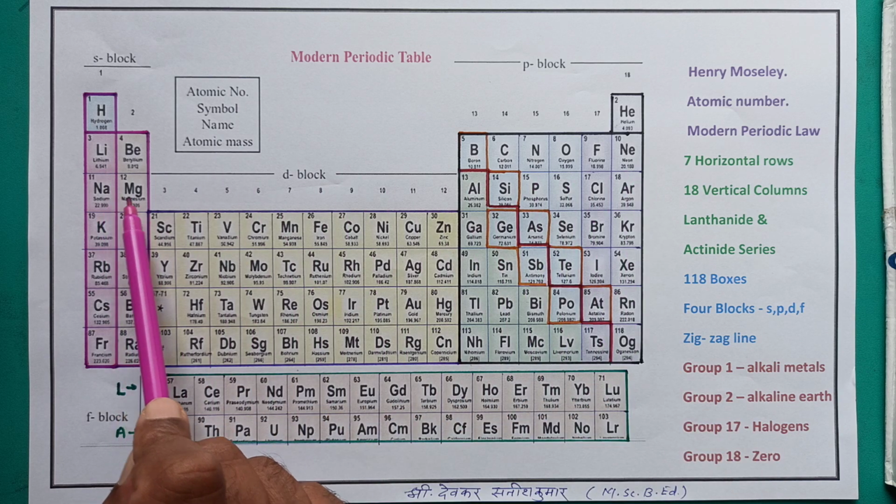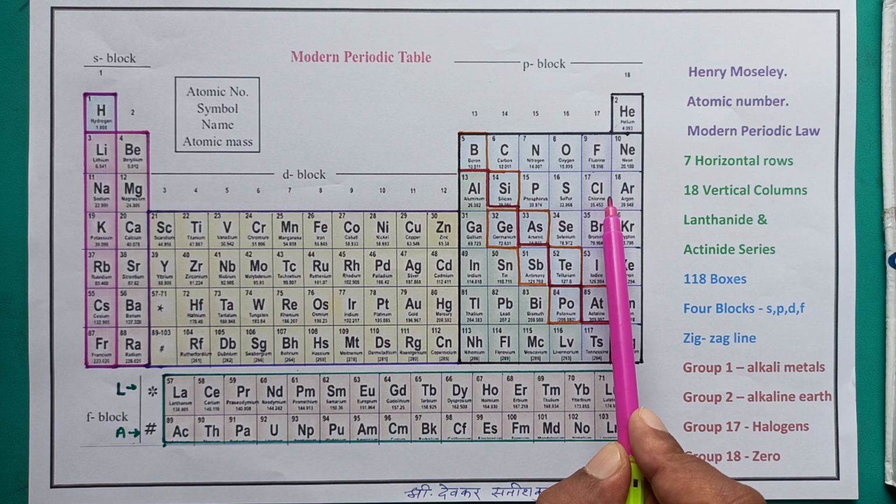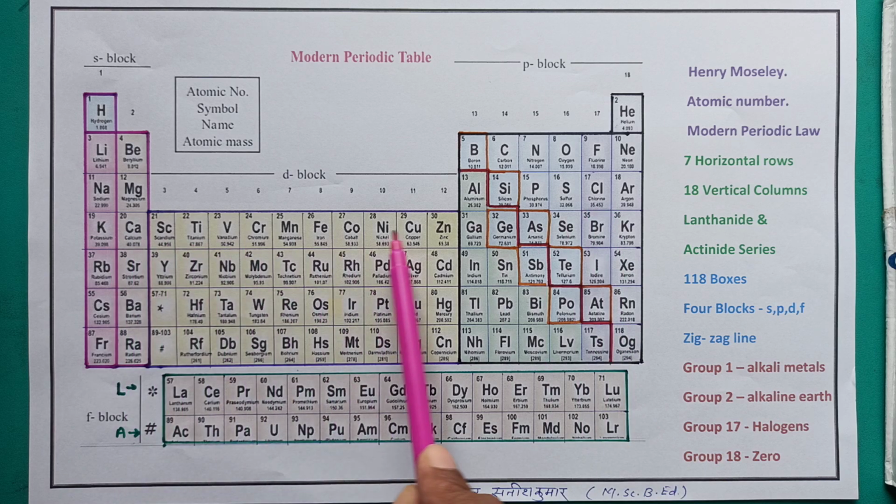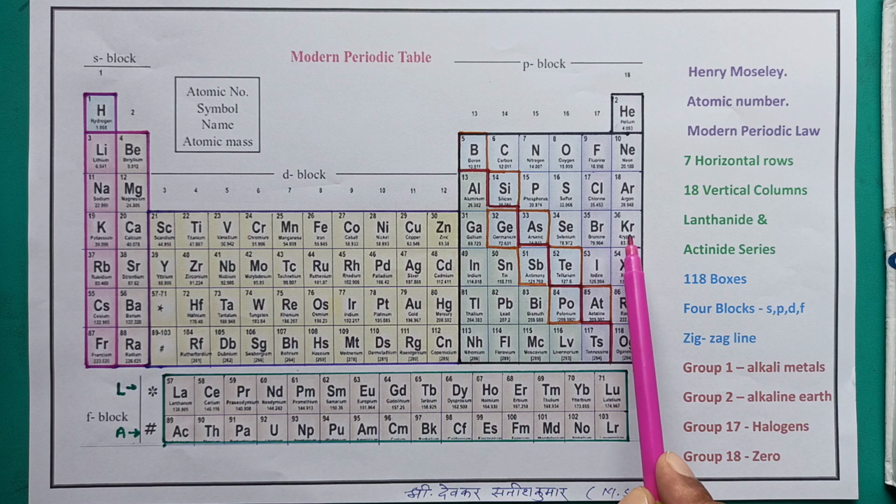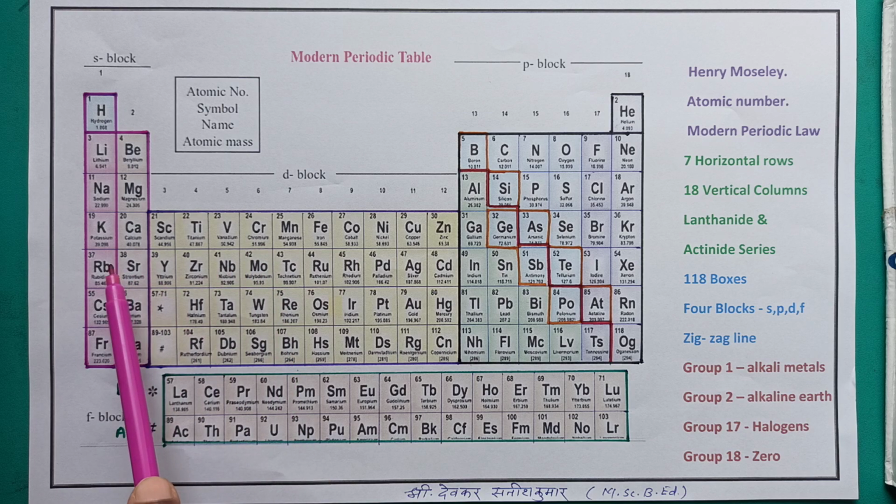The third period contains 8 elements. The fourth period contains 18 elements. The fifth period contains 18 elements, and the sixth period contains 32 elements. In this way, there are 7 horizontal rows.